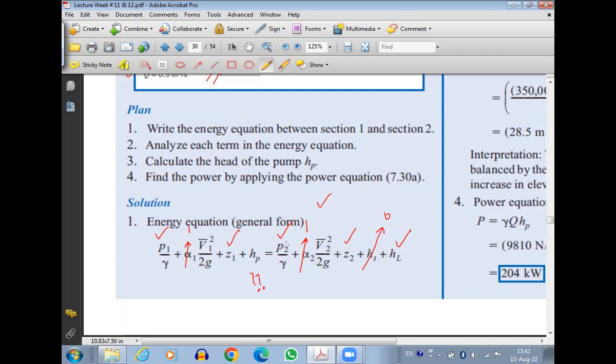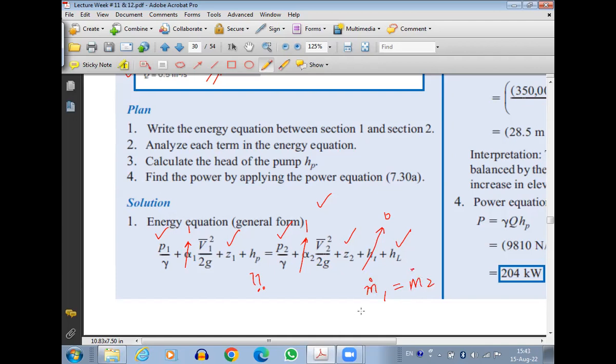But we know one thing, that there is conservation of mass, continuity. Whatever the mass flow rate is flowing, that's the same mass flow rate which is flowing throughout the pipe. So conservation of mass says that mass flow rate is constant, meaning mass flow rate 1 is equal to mass flow rate at 2.